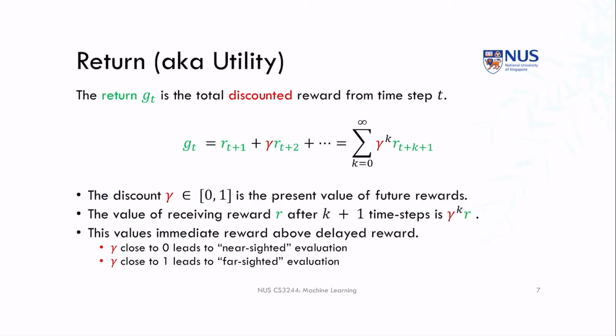So when we're thinking about the value function, we really need to think about not just the current reward, but the reward over multiple time steps, right? So we're going to encode this as another form of rewards called a utility or return. So the return, we're going to denote it as GT here, is the total discounted reward from the current time step t.